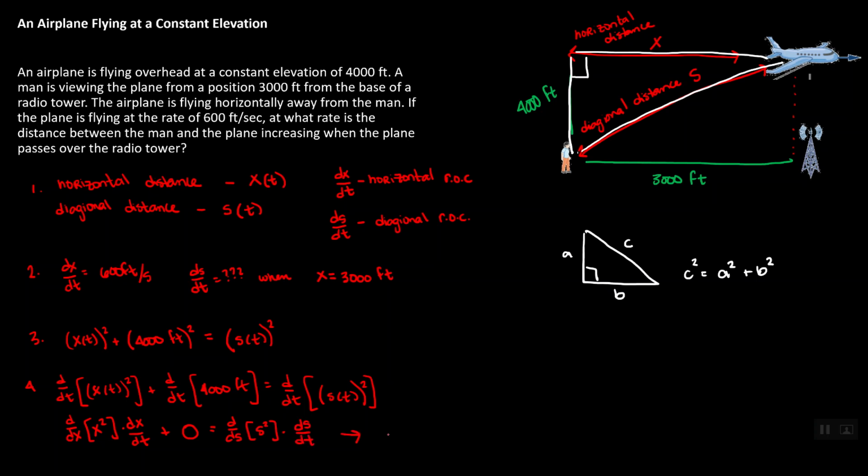That related rates equation becomes 2x dx/dt equals 2s ds/dt. Notice that we have a factor of 2 on both sides of our equation, so we can simplify that if we want. Divide off 2 from both sides so that we have x dx/dt equals s ds/dt.